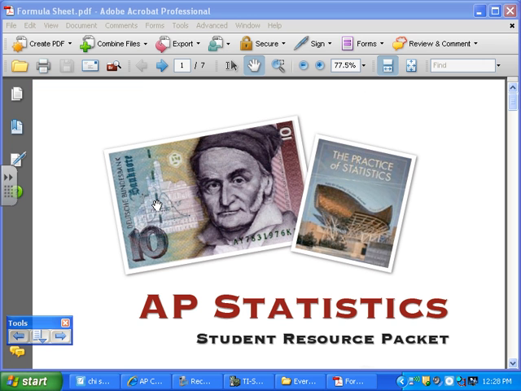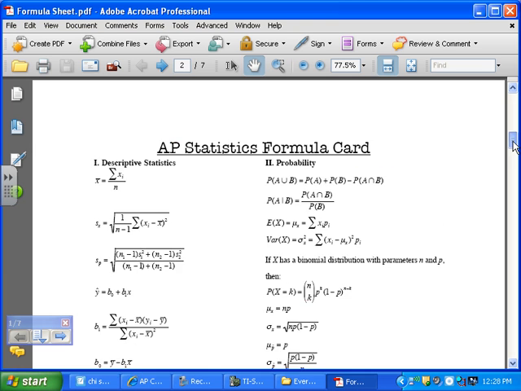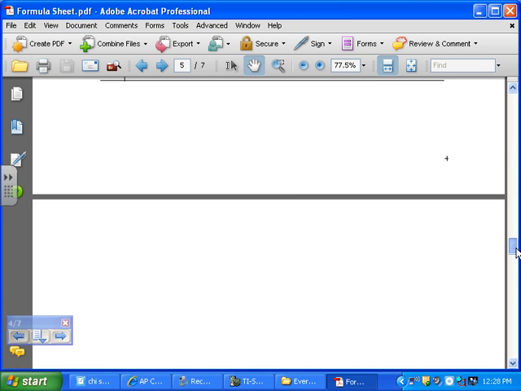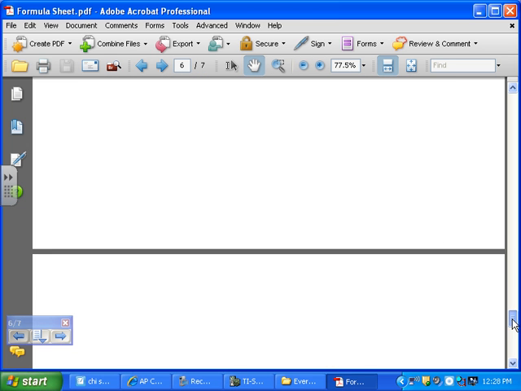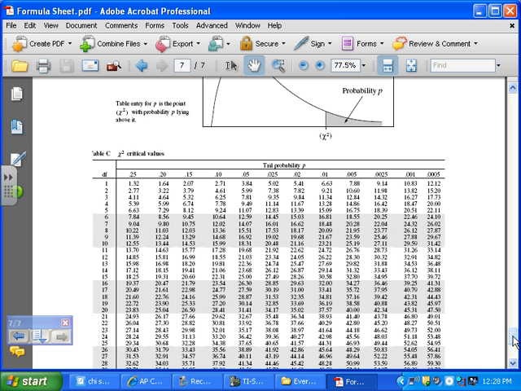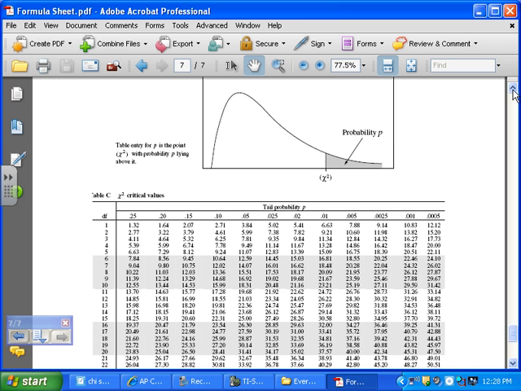It is skewed to the right. This is always going to be a one-tailed test. Skewed right, always a one-tailed test.